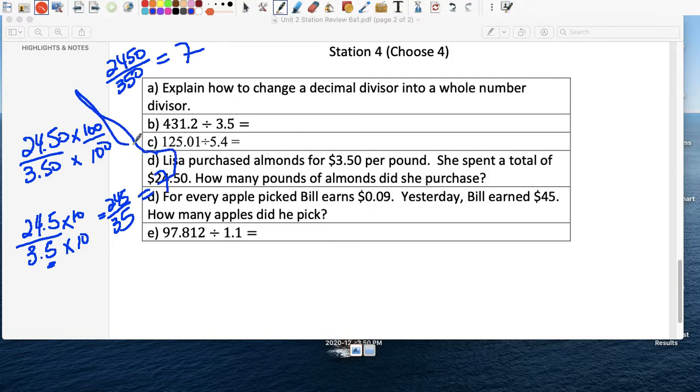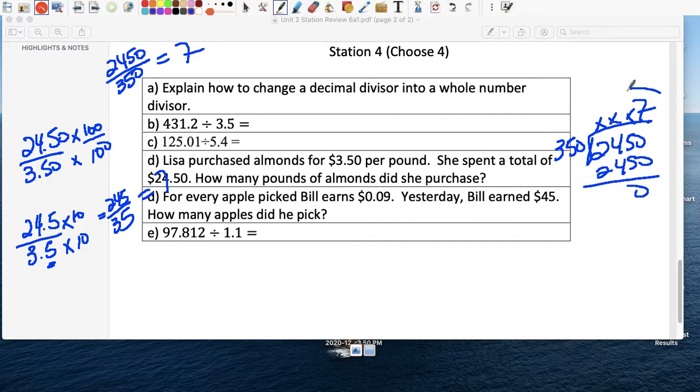So if you multiply by 100 because you didn't know about taking away the 0, you still get the same answer. So how many pounds did she buy? She bought 7 pounds.